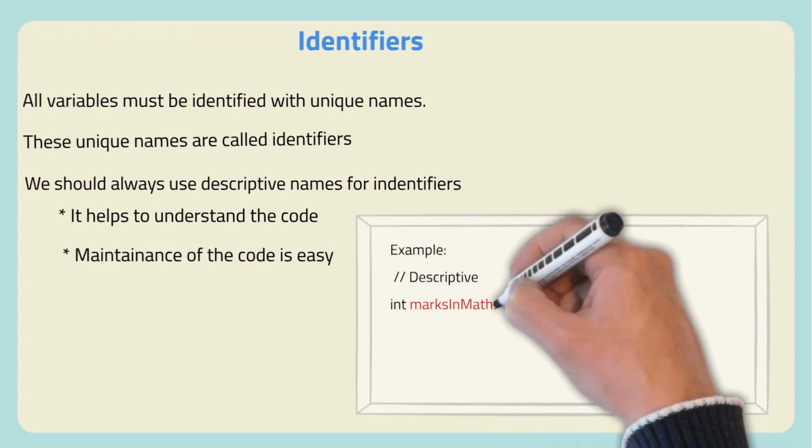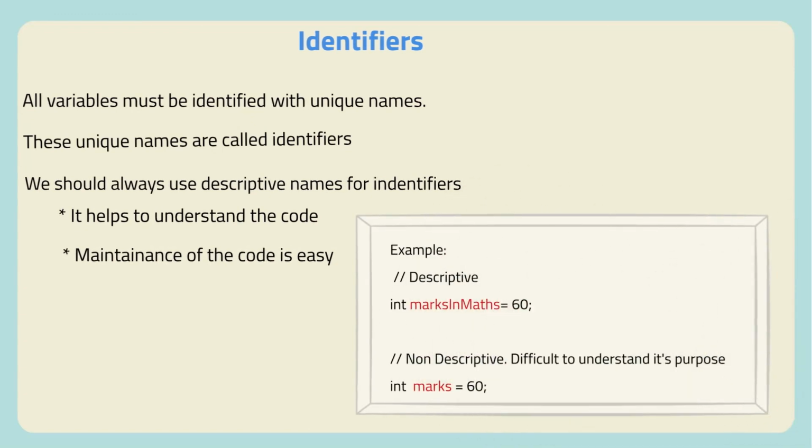For example, in the program the descriptive identifier is marksInMaths, as we can easily identify that it's about the marks a student has got in the maths subject. Whereas the non-descriptive identifier is variableMarks, which doesn't tell us clearly which subject the marks identifier stores a value for.